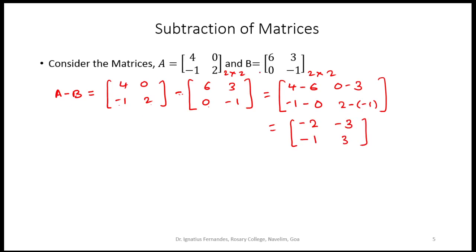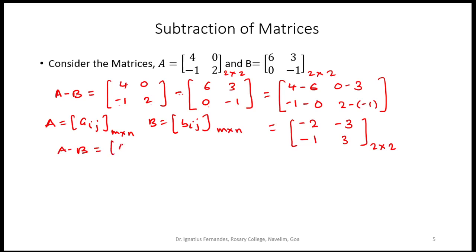So A and B are 2 by 2 matrices. This will also be a 2 by 2 matrix. So in general, if I have A is equal to Aij of order m cross n, and B is Bij of order m cross n, order should be same. A minus B is Aij minus Bij.